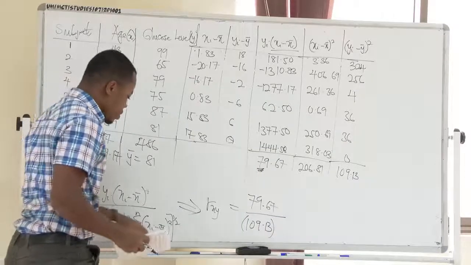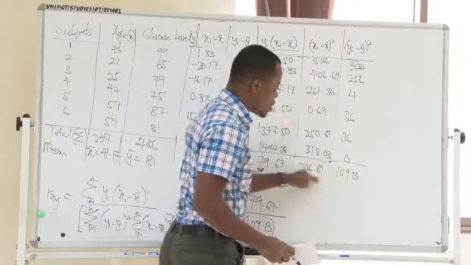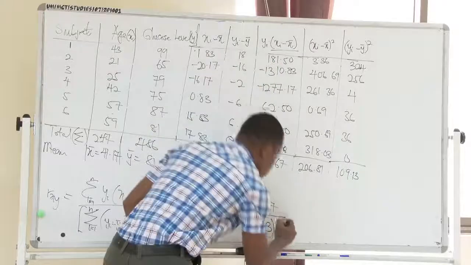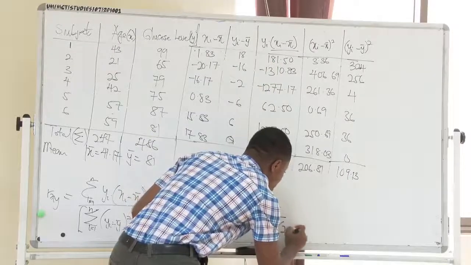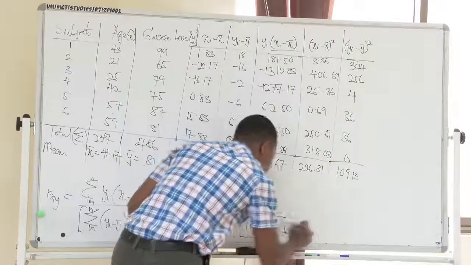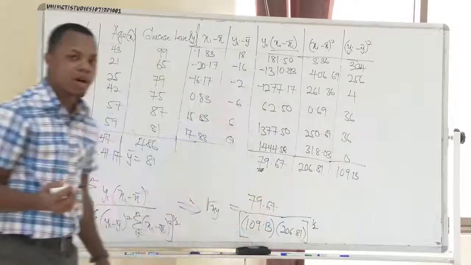Now remember, it's multiplying this other variable that we have here, the summation of xi minus x bar all squared, estimated at this portion. So all I have to do is multiply by this 206.81. Now remember, everything in here is being raised to the power half, which is the same as the square root.